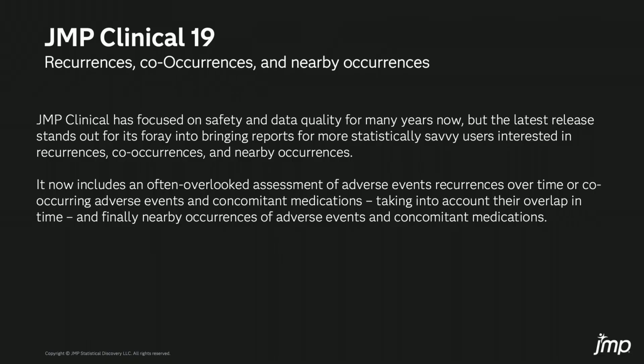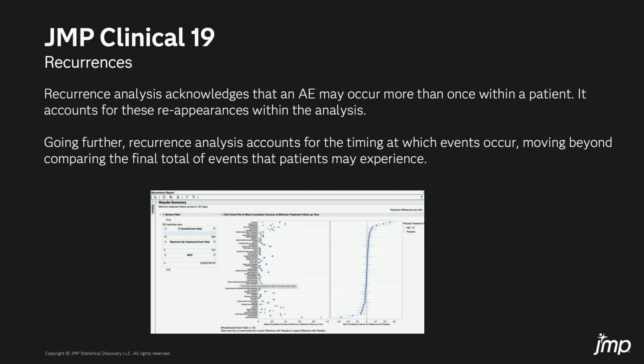With the safety and data quality being our expertise, we're really excited to move into a more sophisticated safety analysis where we're looking at recurrence analysis, co-occurrence analysis, and nearby occurrences, and I'll explain a little bit more about what each of those are. The recurrence analysis acknowledges that any adverse event can occur more than once in a patient.